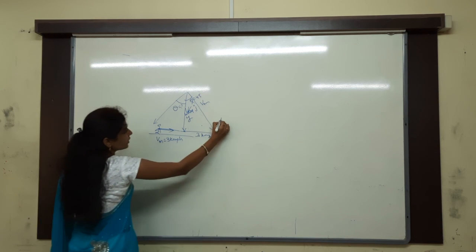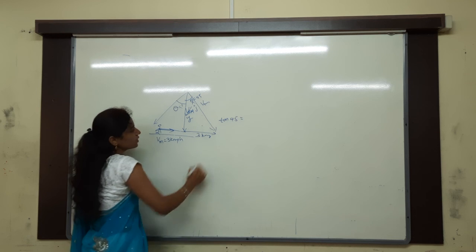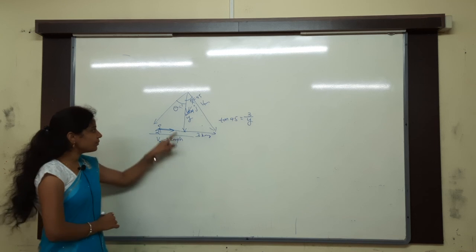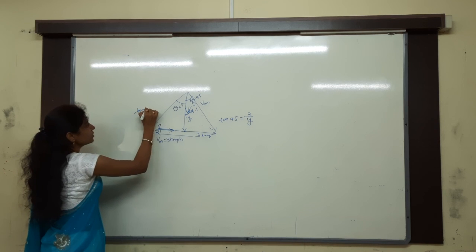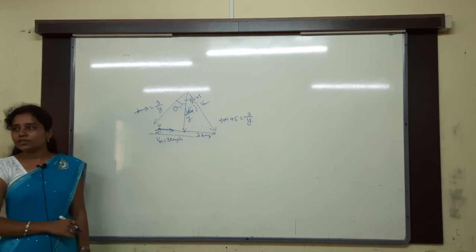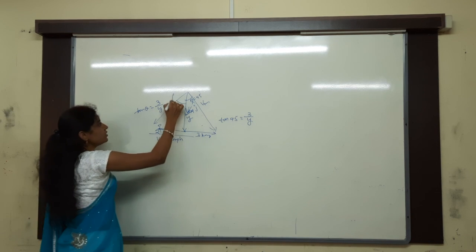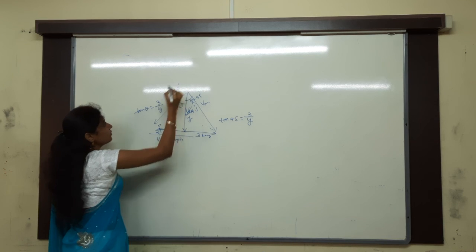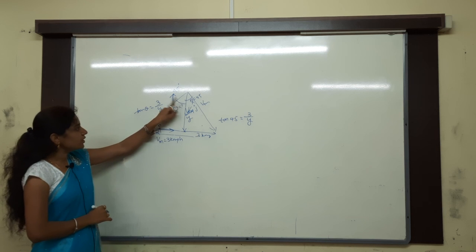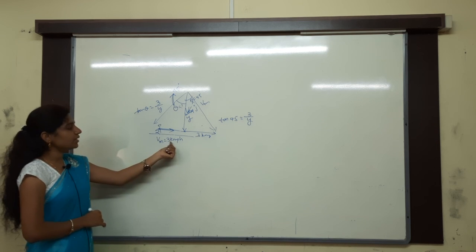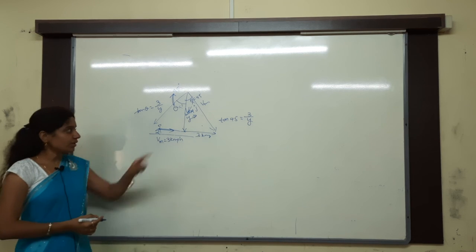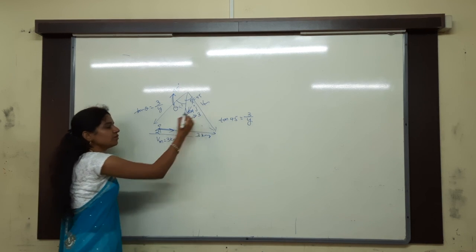Then from this triangle, tan 45 is equal to 3 by Y. From this triangle, tan theta is equal to 3 divided by Y. Both are 3 by Y only. So this theta is also 45 degrees. Whenever this is 45, then this one is 3 kilometers per hour. So 45 means this value is 3 only. What is the doubt in that?